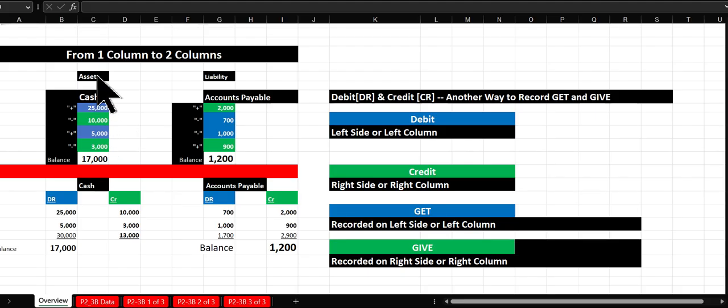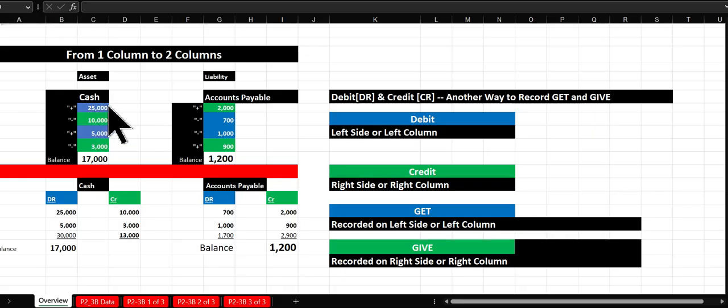So you can see when we were using one column that we showed increases and decreases with a plus and a minus sign respectively. So this 25,000 was a get of cash, and this 10,000 was a give of cash. And so the give decreased the get.